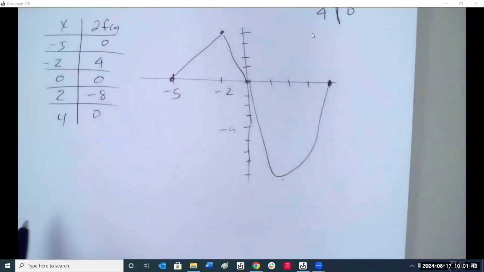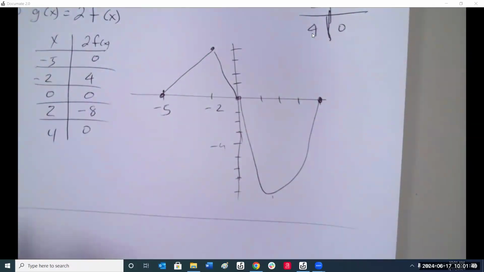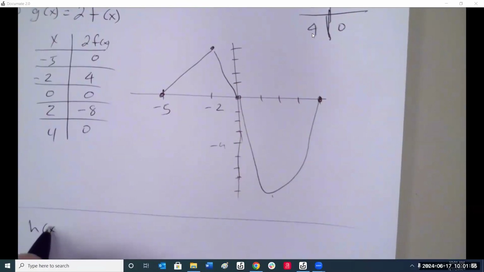So if it's outside, it changes vertically. I multiply all my y values by 2. What's the next one? H of x equals 1/2 f of x.